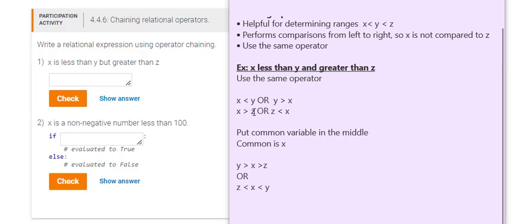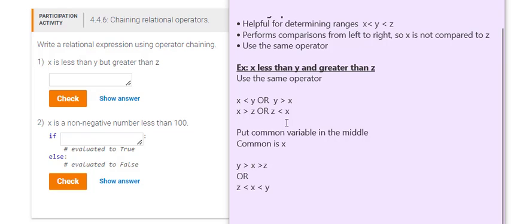X is greater than z also means that z is less than x. Okay, so what you need to do is find the common variable here, and in this case it's x because that's in all of the statements.